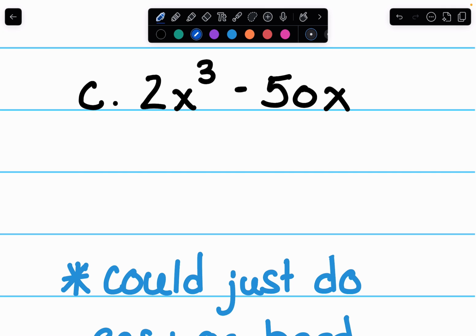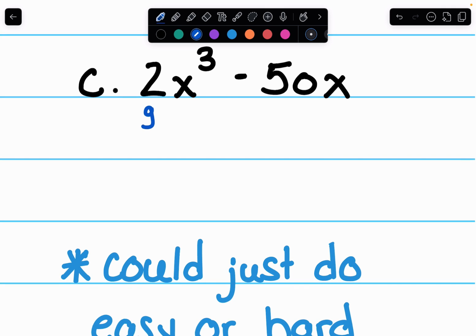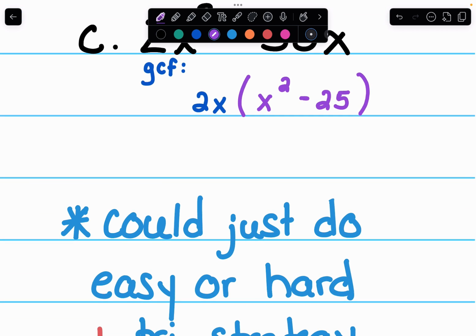You take the greatest common factor, okay? The greatest common factor is 2x, and I'm left with x squared minus 25. The purple is the difference of two squares, right?